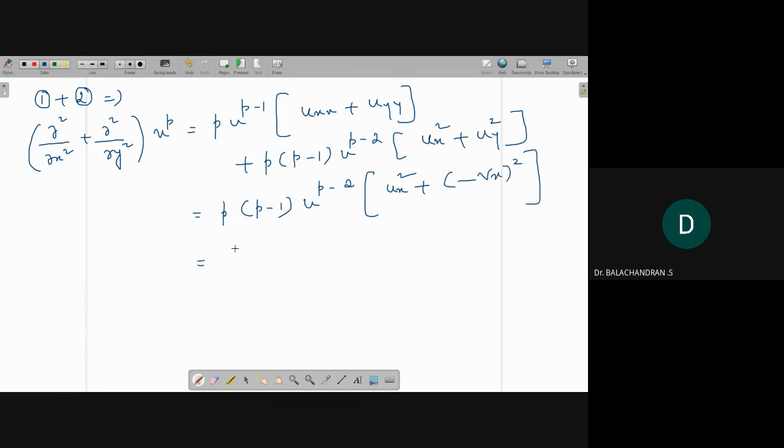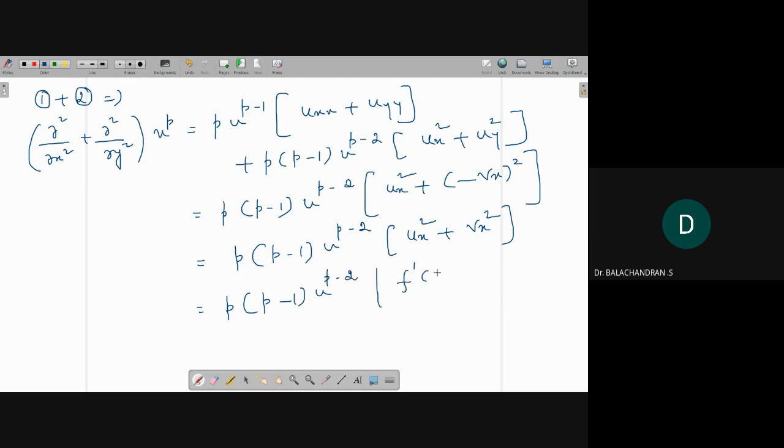So p into p minus 1 into u power p minus 2 into ux square plus vx square. So this is, you know, that modulus of f, okay, this is p into p minus 1 into u power p minus 2 into modulus of f dash of z whole square.